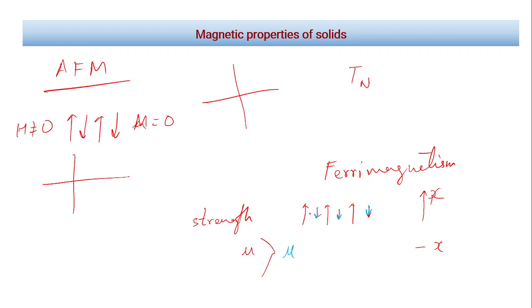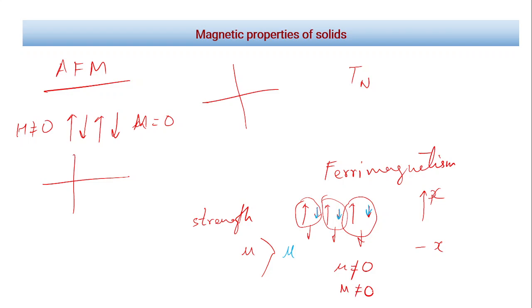Because of that, what happens? The net magnetic moment will be here. If you see, the magnetic moment in this direction, anti-parallel, is opposite but its magnitude is smaller. So the net magnetic moment will be in this direction. Here also, the net magnetic moment will be in this direction. So ultimately there will be some net magnetic moment, which means there will be some magnetization.